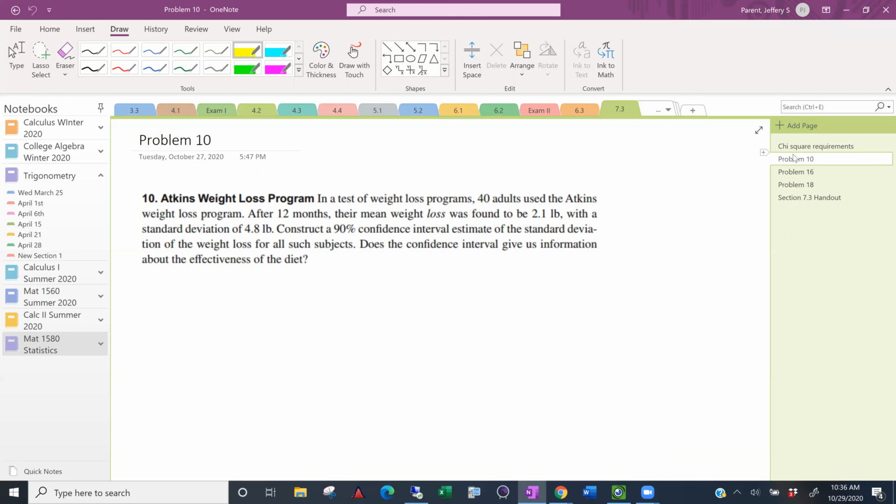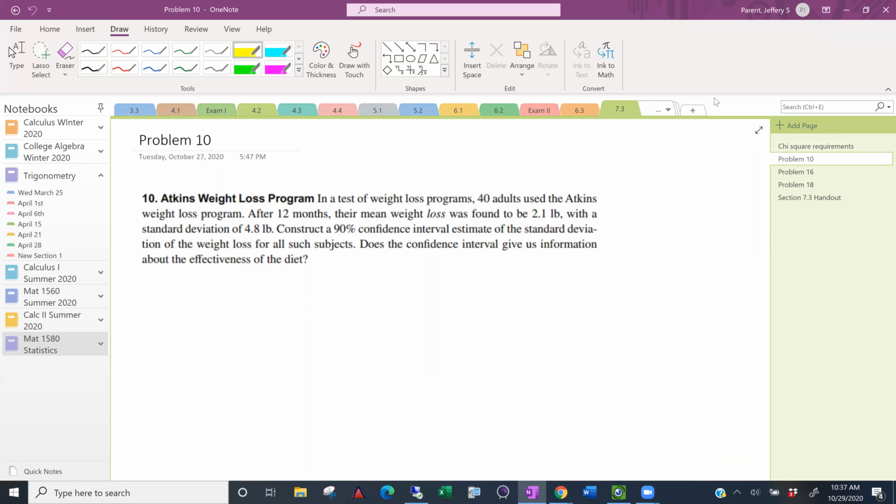So N is going to be 40. S is going to be 2.1. Now, do I really need the mean here? Do I need X bar? Wait, I thought the standard deviation was 4.8. Oh, I'm sorry.